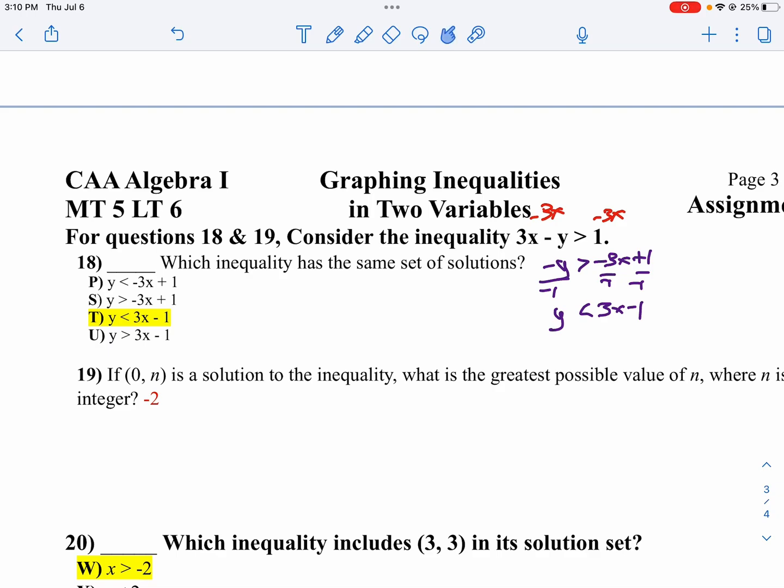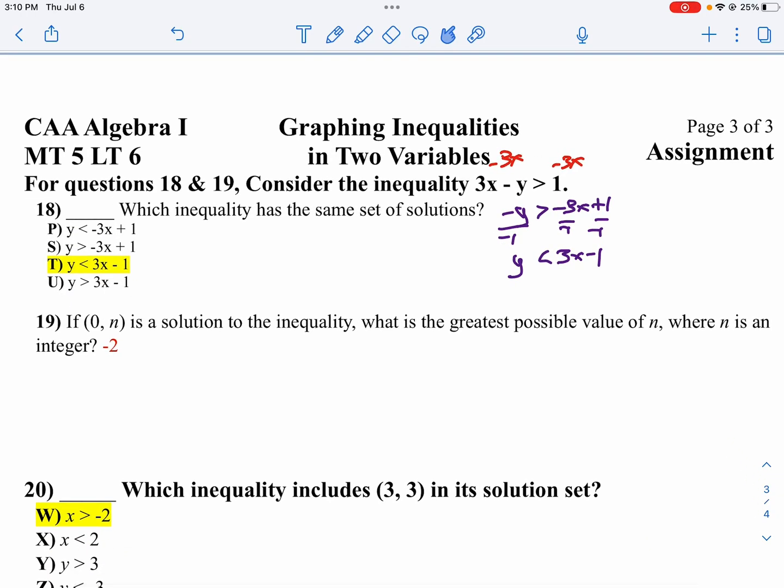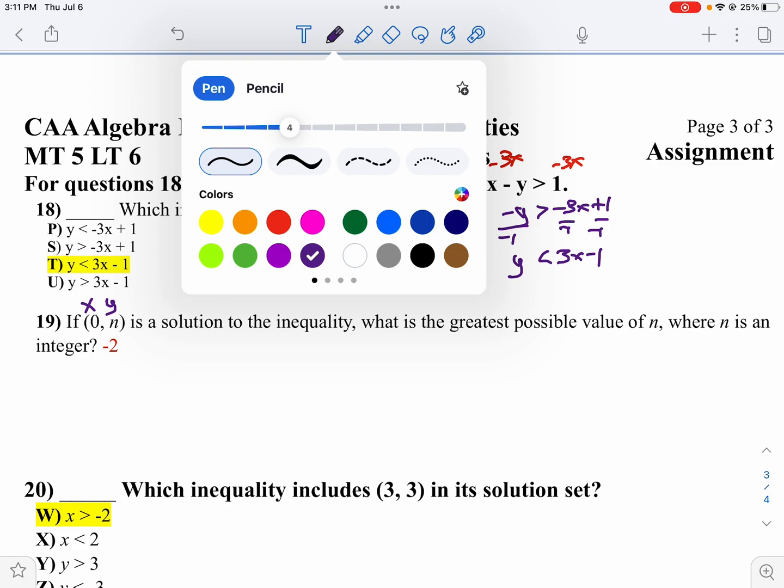On question 19, it says, if (0, n) is a solution to the inequality, what's the greatest possible value of n, where n is an integer? So in other words, I'm going to put in 0 for x and y is going to be n. So let's go ahead and do that.